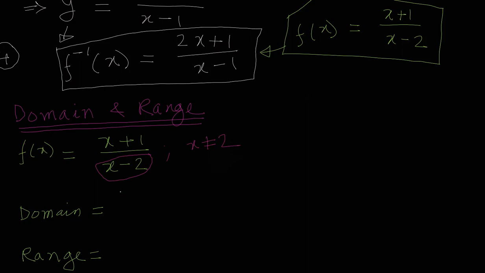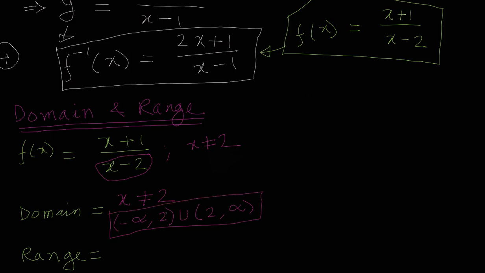So in one sentence we can say the domain of this function is x cannot be equal to 2. In proper mathematical form, it is negative infinity to 2 union 2 to positive infinity. So this is the domain of this given function.